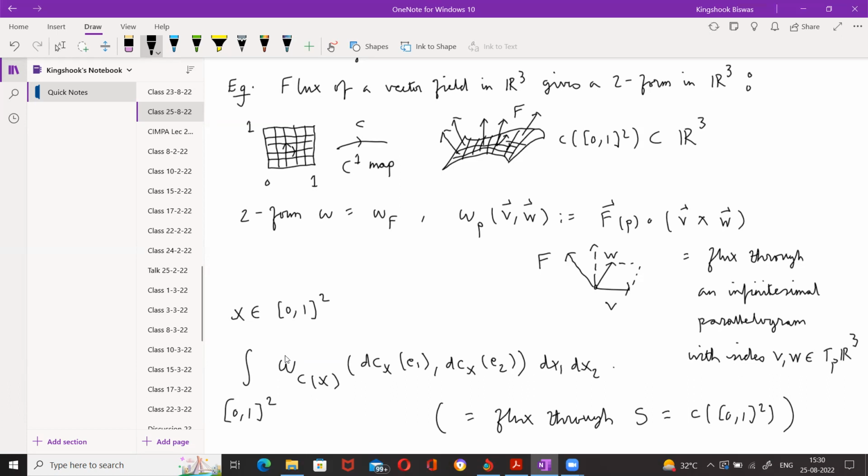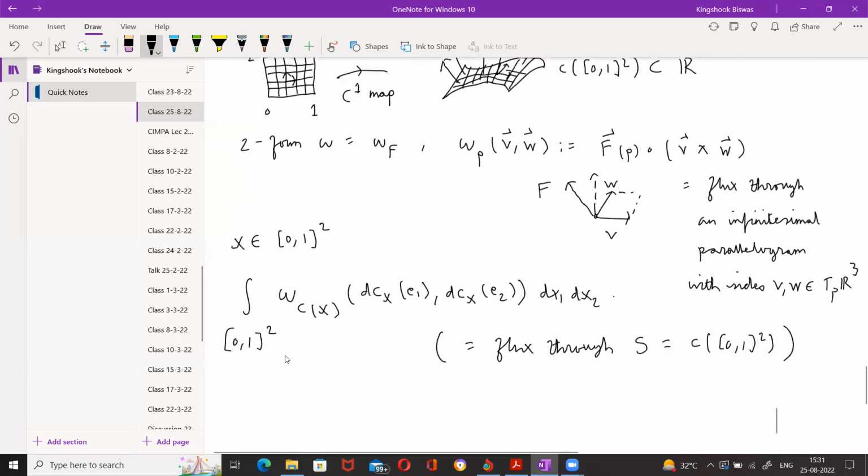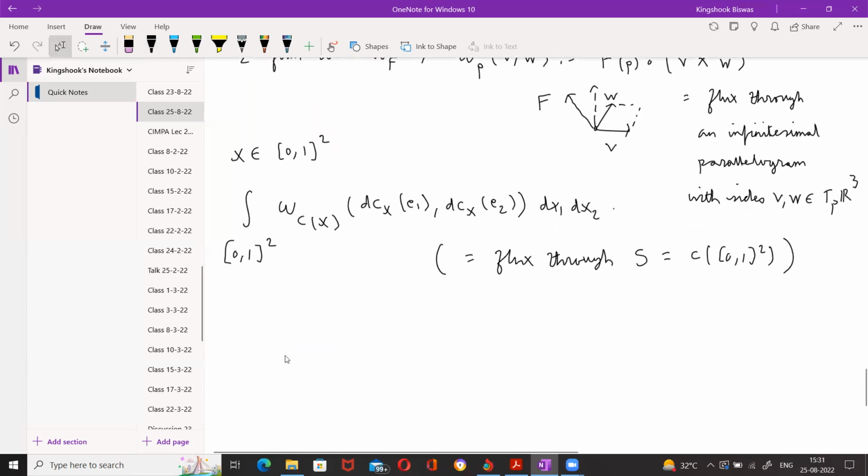So the flux of a vector field gives you a 2-form in R3. This has a physical interpretation: a 2-form in R3 you can think of as a flux. And what is this thing that I'm integrating here?